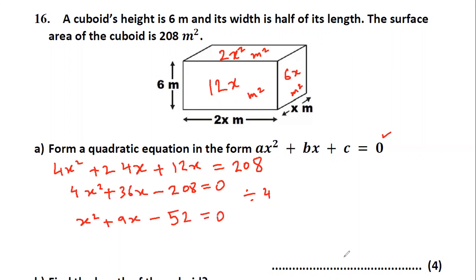So this is our answer, and we can see that this equation is in the form of ax squared plus bx plus c equals 0, because the first term is x squared, the second term is x, and the third term is a constant. So I'm going to write down the answer as x squared plus 9x minus 52 equals 0.